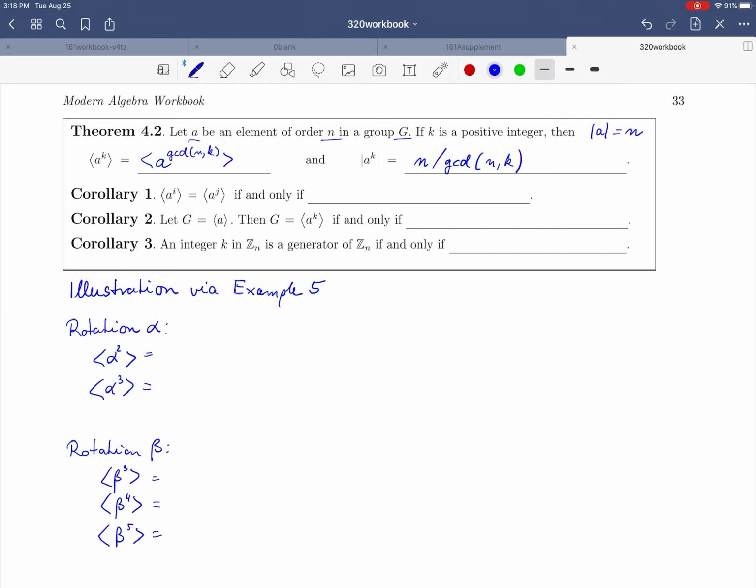From this theorem follow 3 corollaries that are special cases.